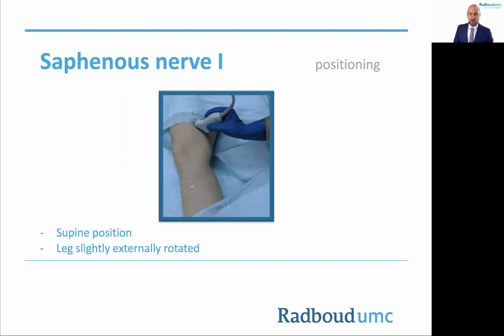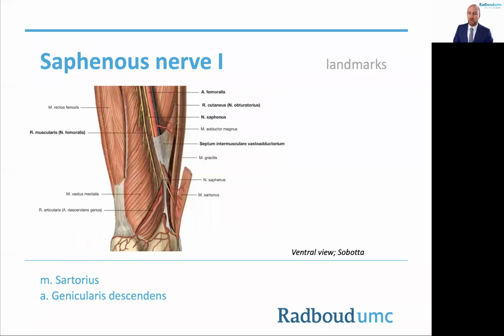Continuing to the saphenous nerve, the most proximal part of this nerve is best investigated with the patient in supine position and the leg slightly externally rotated as shown in this picture. Here we see an anterior view of the thigh. We can see the saphenous nerve over here.